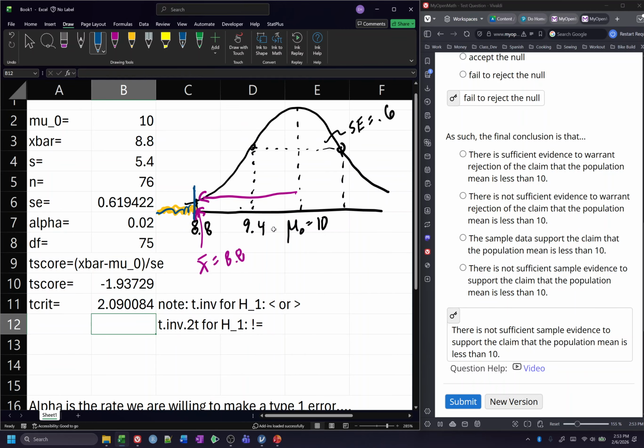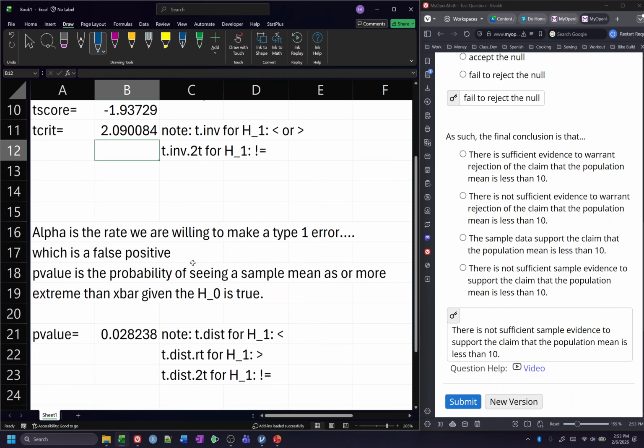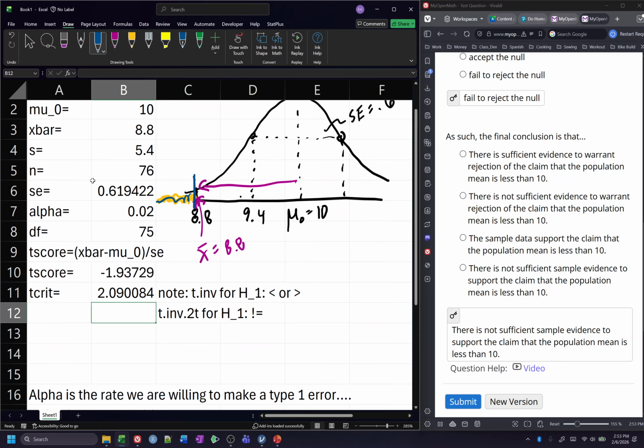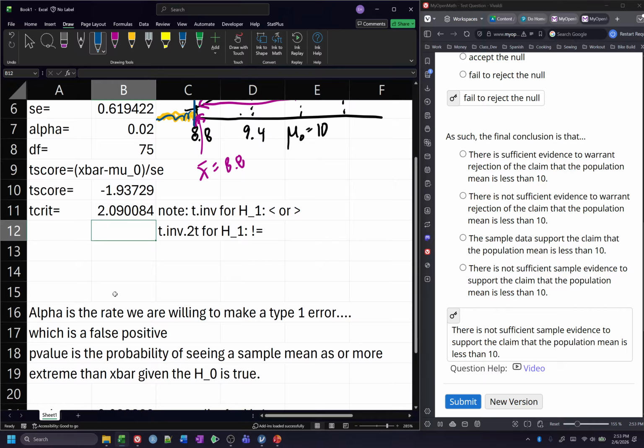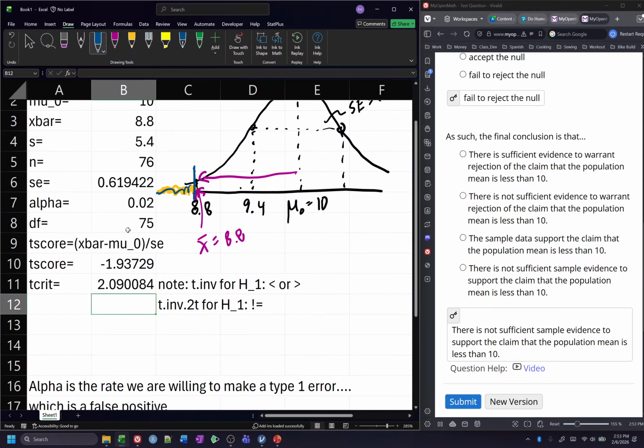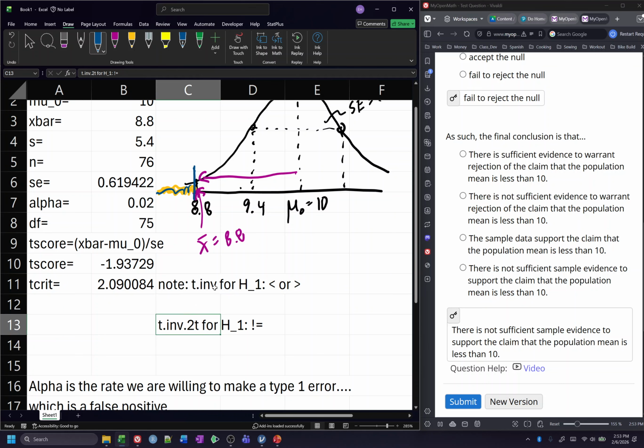Just like we were able to compare our p-value to alpha, and we knew that our p-value was greater than the alpha and we failed to reject the null hypothesis, we can also compare our t-score to the t-critical. Notice I did the absolute value here. If you want to do this correctly, maybe I'll add one more step here.